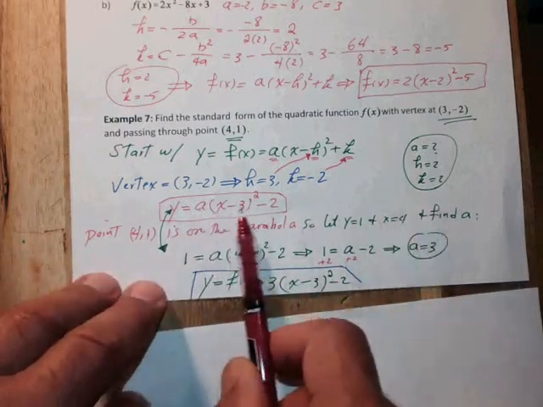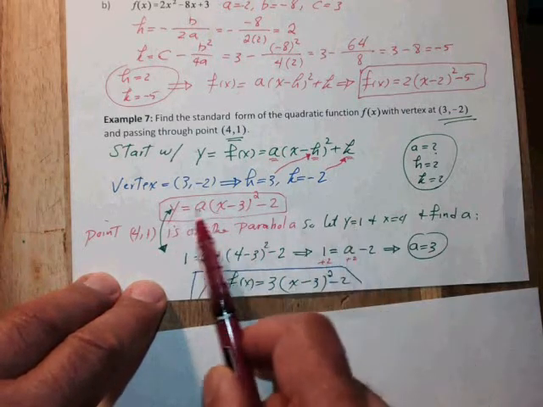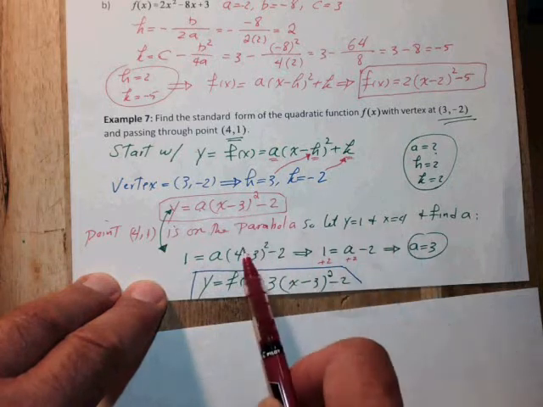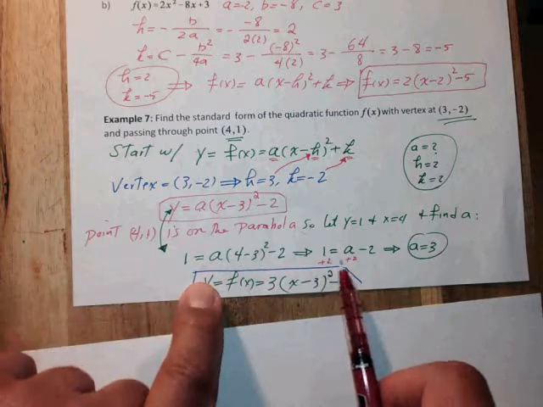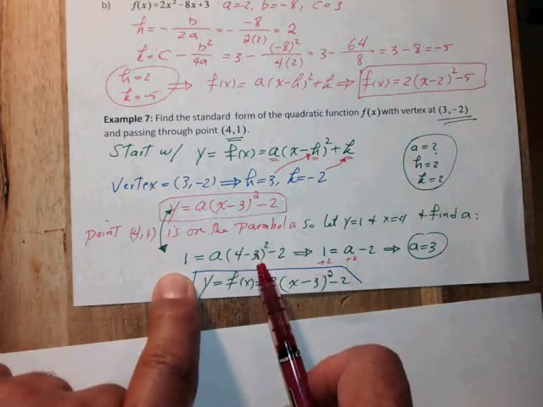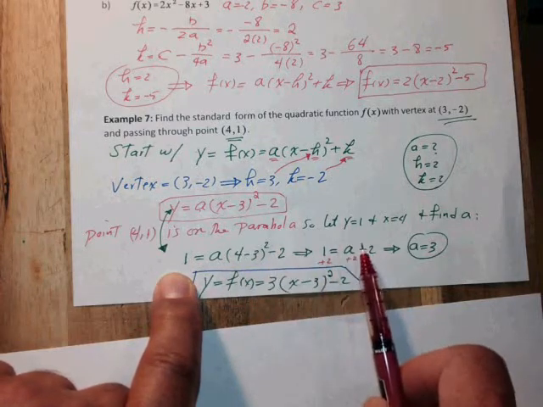In this equation right here, I replace this y by 1 and this x by 4. Simplify it: 1 equal to (4 minus 3) is 1, 1 squared is 1, 1 times a is a, minus 2.